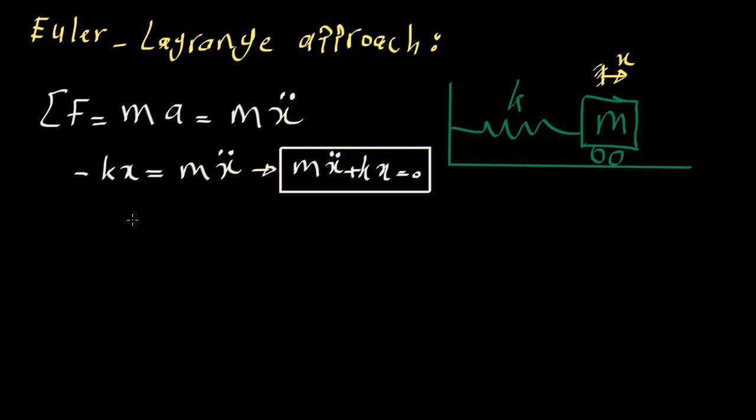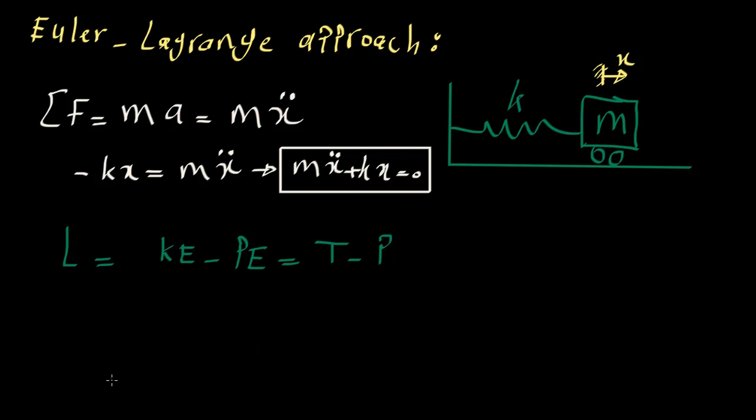For the Euler-Lagrange approach, there is a quantity called the Lagrangian that is defined for this system. The Lagrangian is defined as the kinetic energy minus the potential energy, or we can show it with T minus P, where T is the kinetic energy and P is the potential energy.